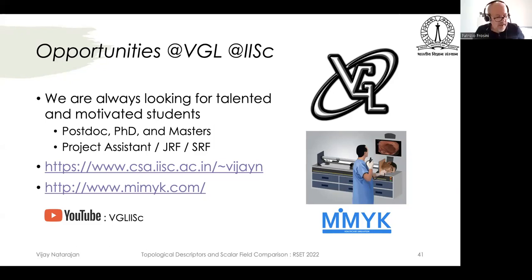Can I ask? Okay, first of all, thank you for your very interesting talk, Vijay. I would ask a question about symmetries, maybe from a different perspective. Sometimes we know from the very beginning that there is some symmetry in the object we are considering.